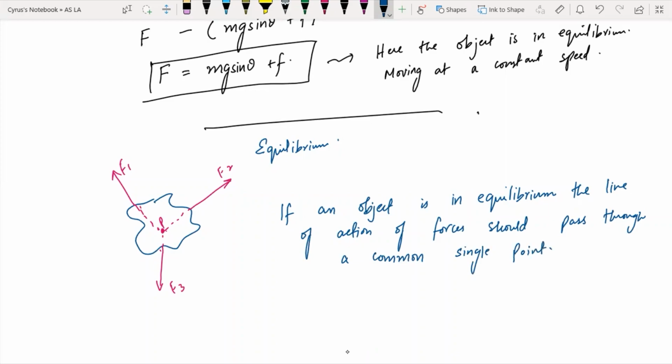It should pass through a common single point. And that assumes that the object is in equilibrium.